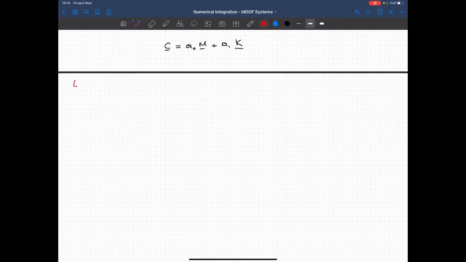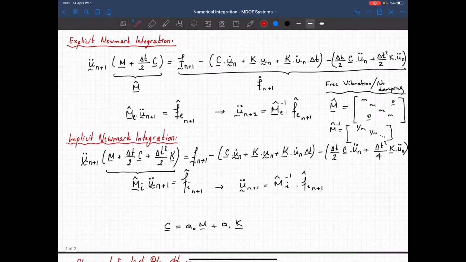Now for this purpose we have the staggered explicit algorithms. So let's write down why we need it.